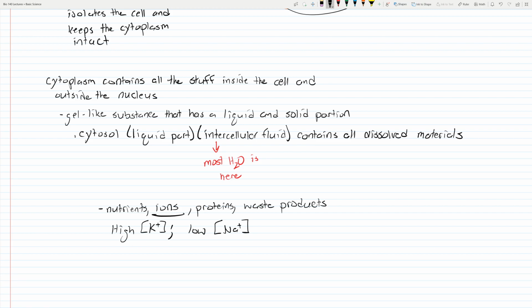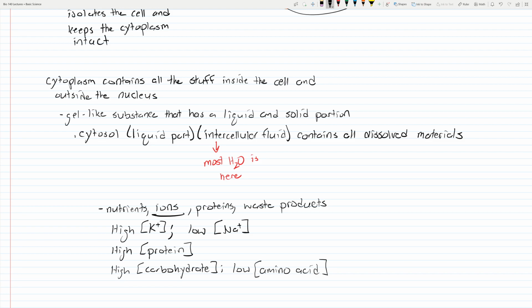All right. Inside of the cell, we also have high protein. The reason for that is because the cells are where proteins are made, so it only makes sense. We also have, inside of the cell, high carbohydrate and a low amino acid concentration.